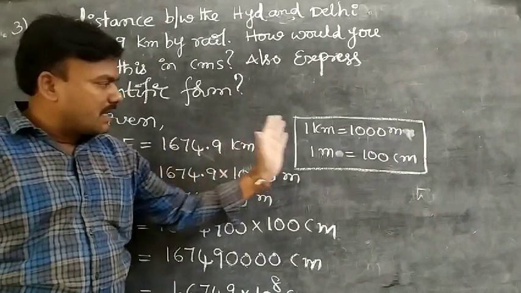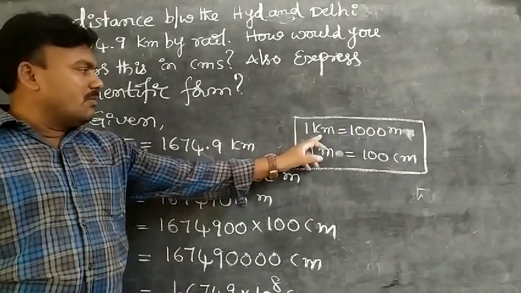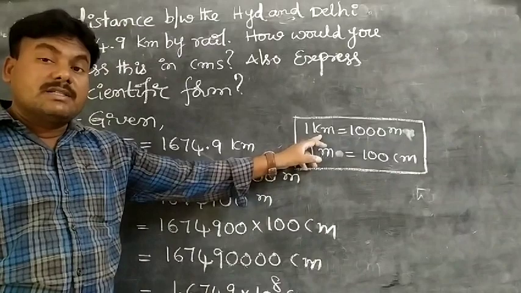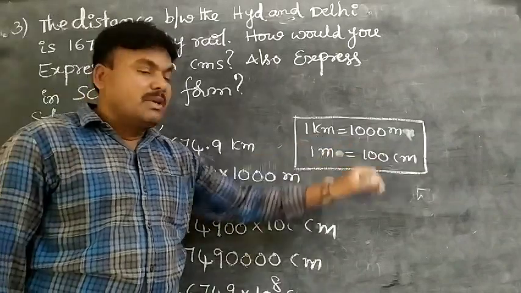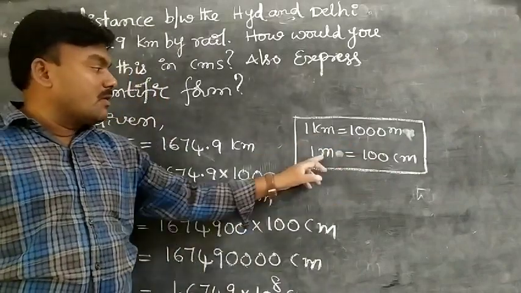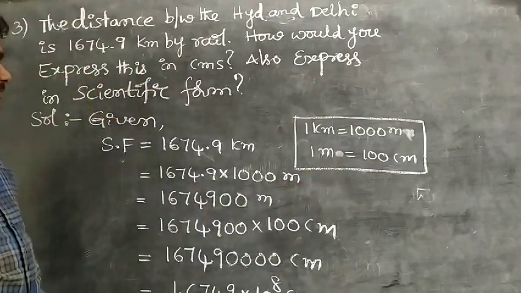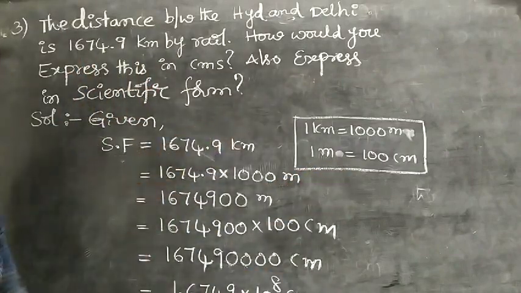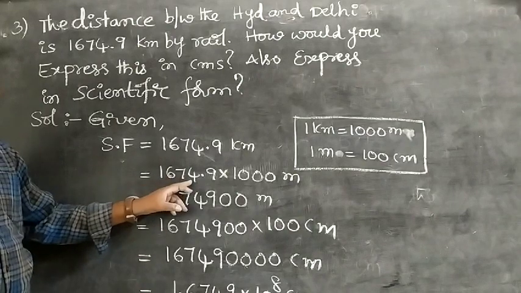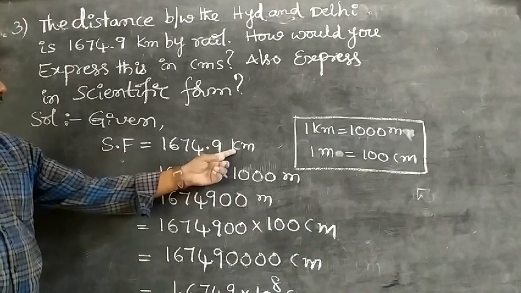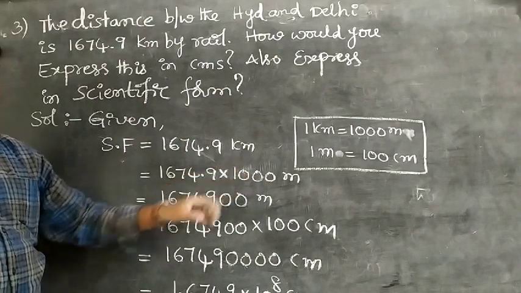First we express it aside. So 1 kilometer equals how many meters, friends? It is 1000 meters. And 1 meter equals how many centimeters? 100 centimeters. So apply: 1674.9 into kilometers converted into meters, 1000 meters.